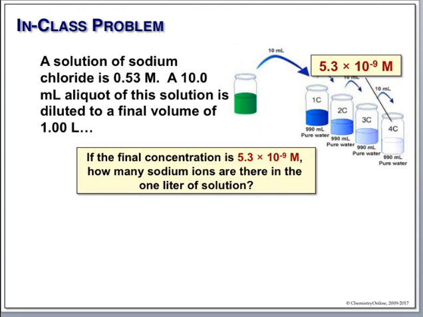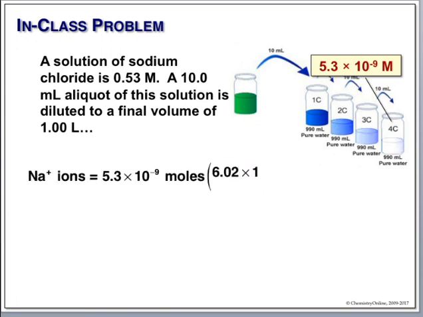Again, Avogadro told us if this was 1 molar, that would be 6.02 times 10 to the 23rd, right? So we simply want to take our number of moles here, take Avogadro's number, moles cancel, multiply it out. We're still at 10 to the 15th sodium ions.